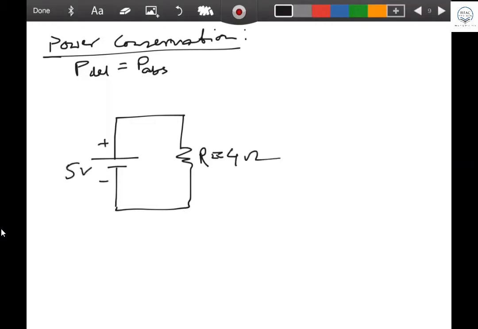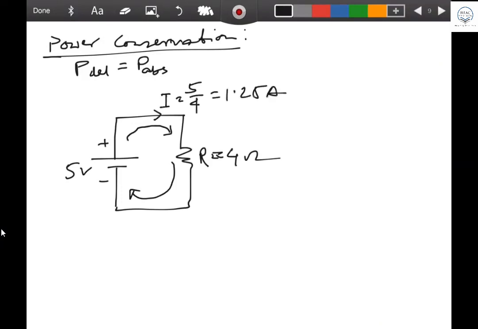So what will happen? The battery is going to give the power to the resistor. In this case, what is the current flow? Can you tell me from the circuit? 5 by 4, 1.25 ampere.